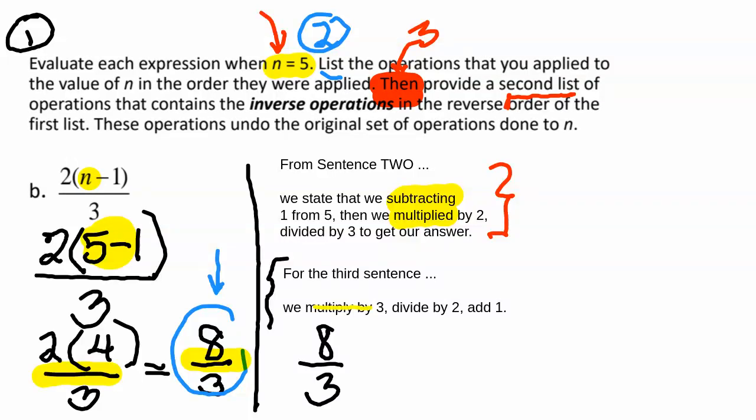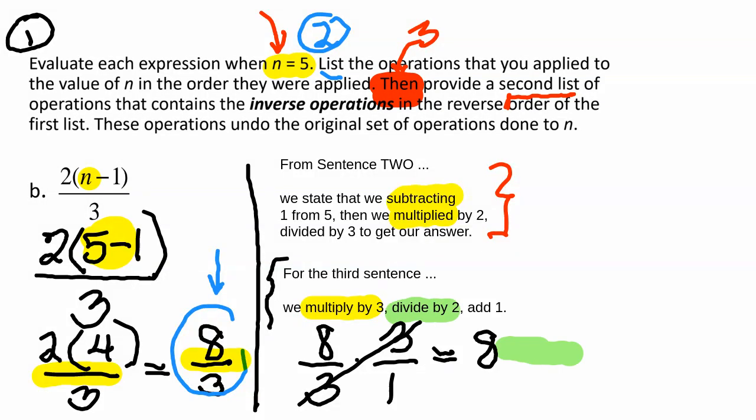We are going to multiply by 3. Okay? So if I multiply 8/3 by 3 over 1, notice these 3's are canceling out. I get 8. Okay. Now I'm going to divide by 2.